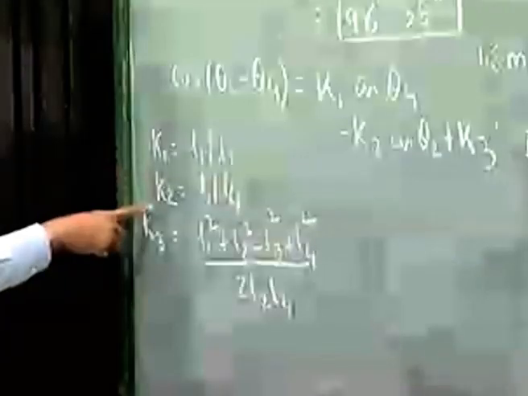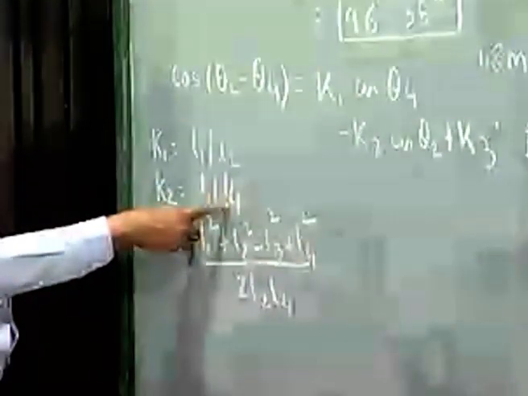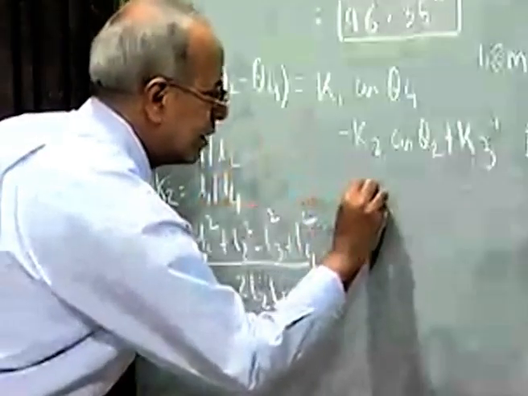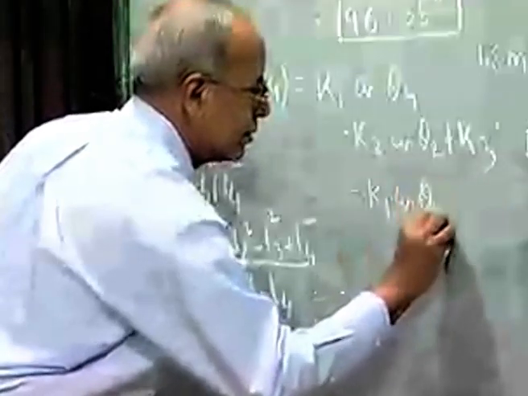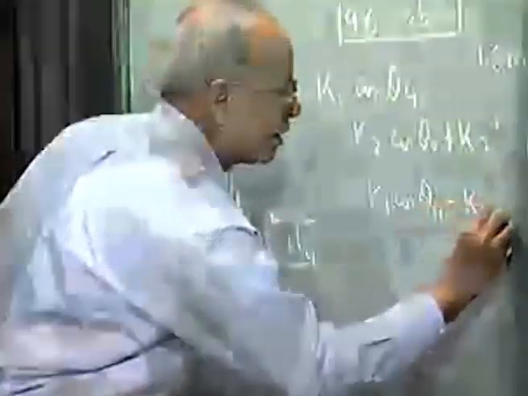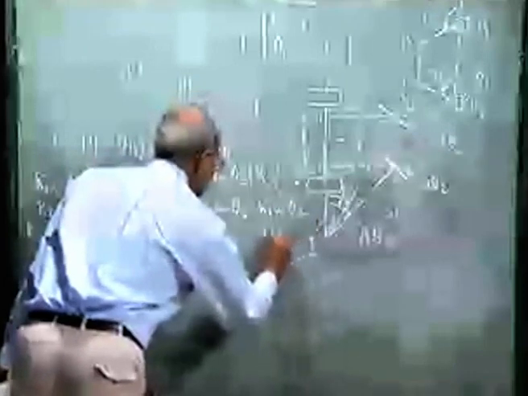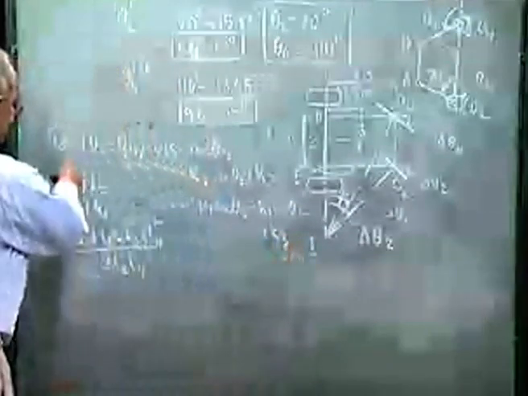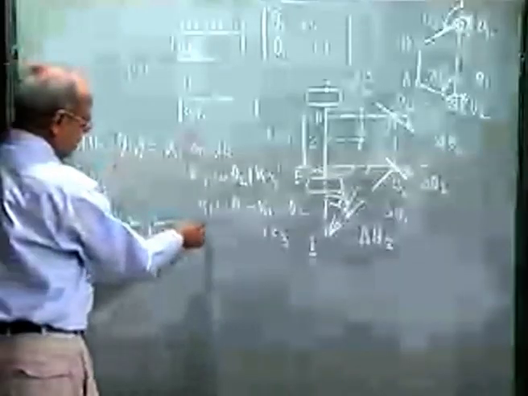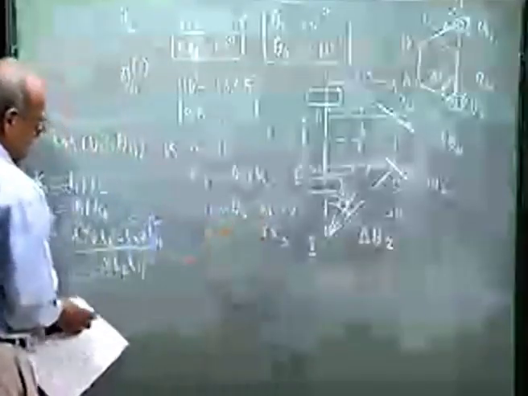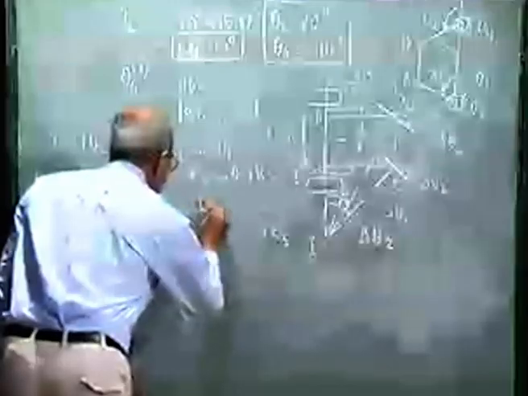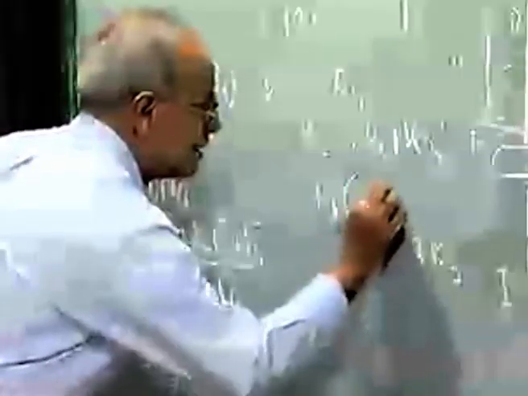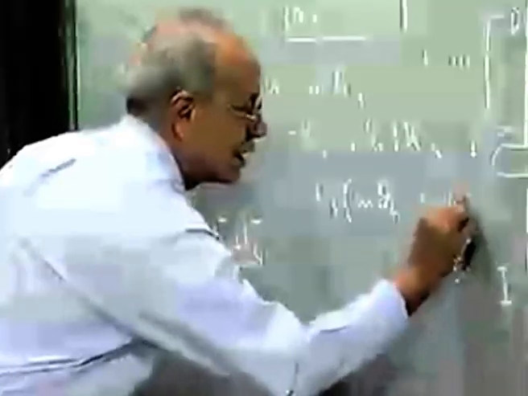Now we know K1 is the same as K2 because L2 is the same as L4. So I can write K1 cos theta 4 minus K1 cos theta 2 plus K3, taking K1 common: K1 (cosine theta 4 minus cosine theta 2) plus K3.